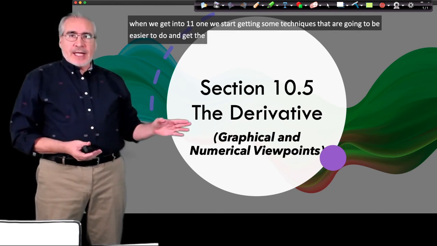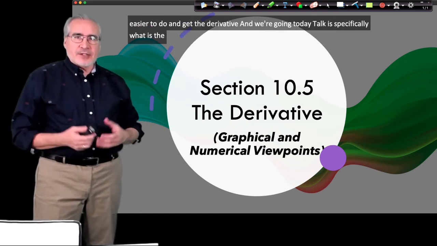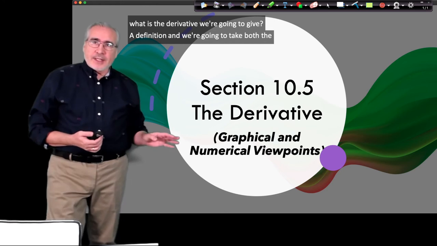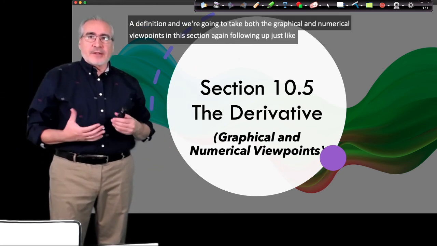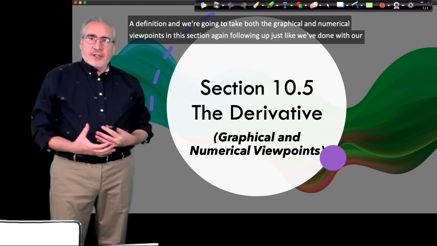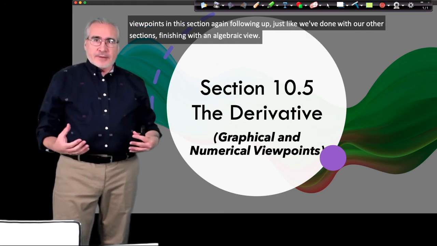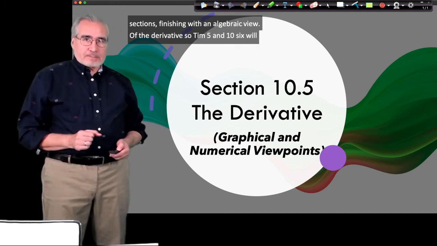And we're going to today talk specifically about what the derivative is. We're going to give a definition, and we're going to take both the graphical and numerical viewpoint in this section. Again, following up just like we've done with our other sections, finishing with an algebraic view of the derivative. So 10.5 and 10.6 will go together very nicely.